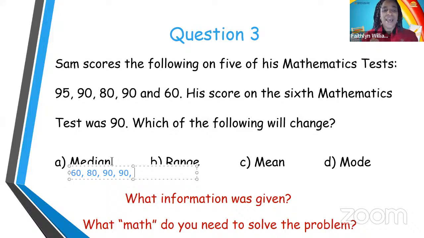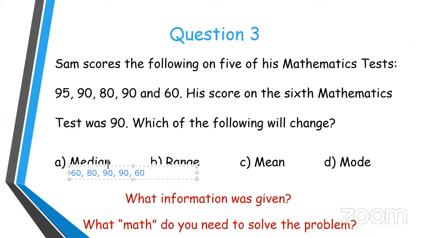Okay, go ahead. So 60, 80, 90, 90, and since it is an odd number, you can clearly see that the answer is 90. Yeah, 90. Awesome.